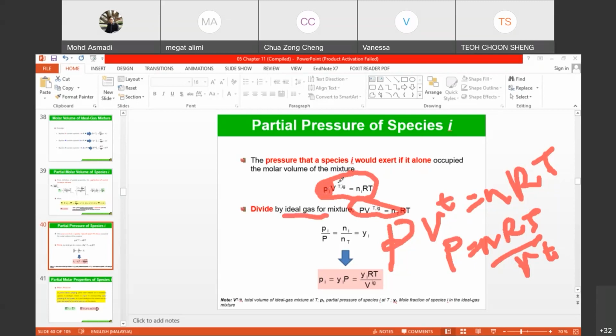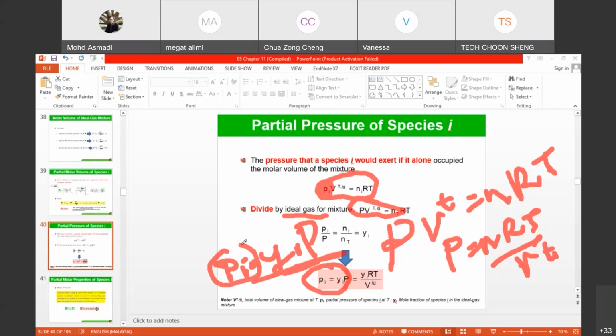So if you divide both, you can get this expression, meaning that p_i is equal to y_i P. So this is the partial pressure. y_i is the mole fraction of species i in the ideal gas mixture, and p_i is the partial pressure of species i in the solution.